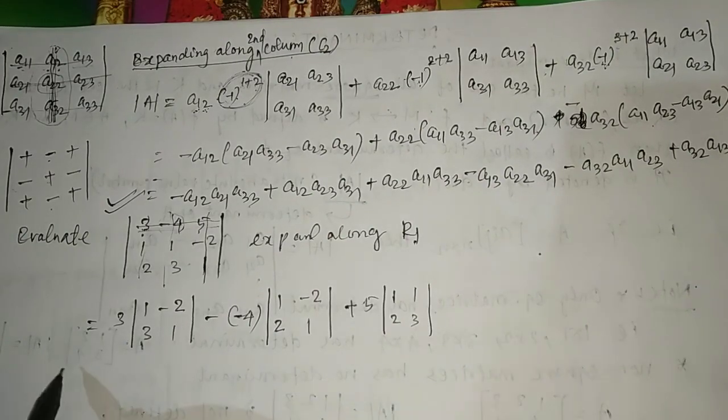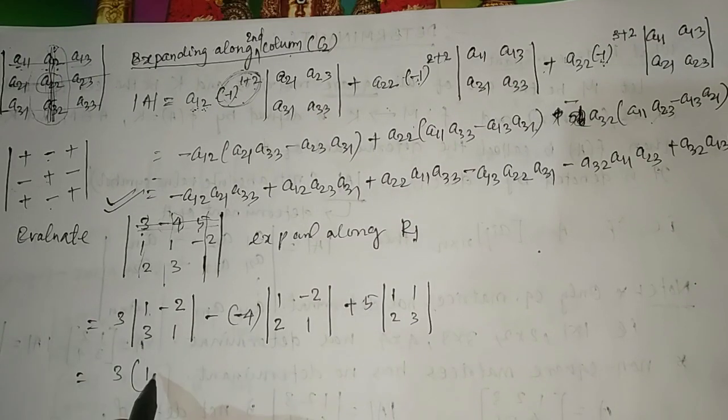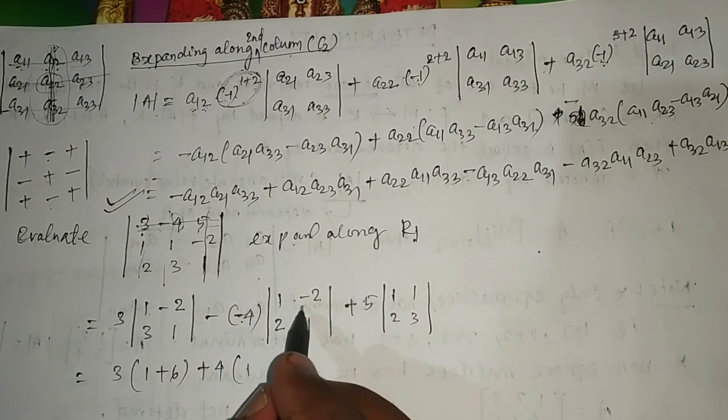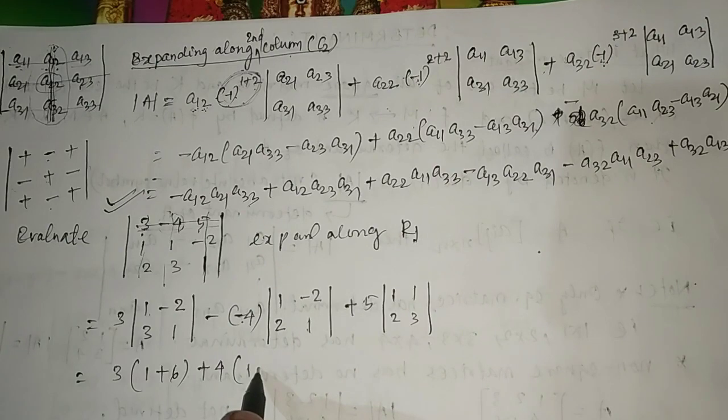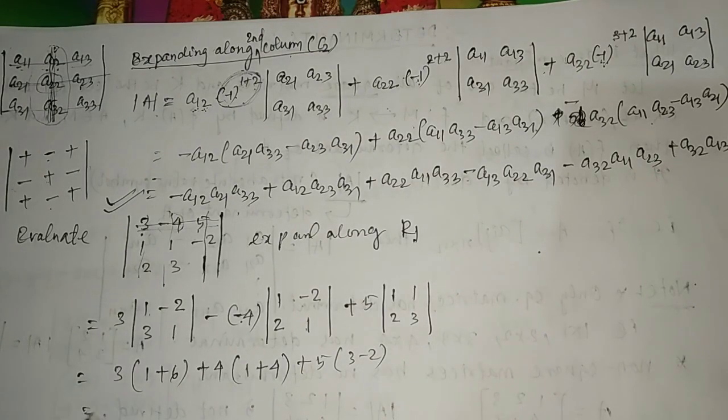Now you can expand it: 3 times 1 into 1 minus minus plus 6, minus times minus 4, that means plus 4, 1 into 1 minus 2 into minus 2 is plus 4, plus 5 times 1 into 3 minus 2. So here we get 3 into 7 plus 4 into 5 plus 5 into 1.